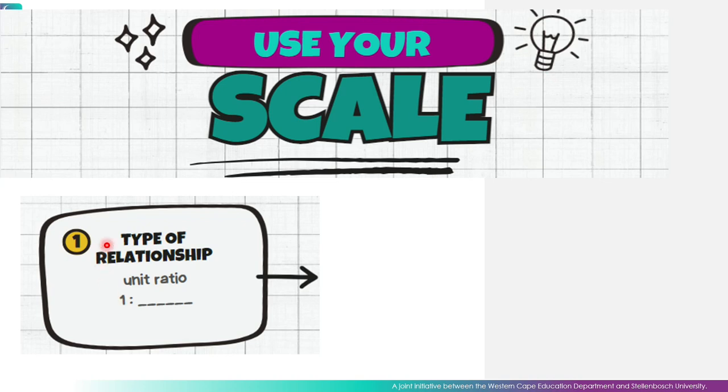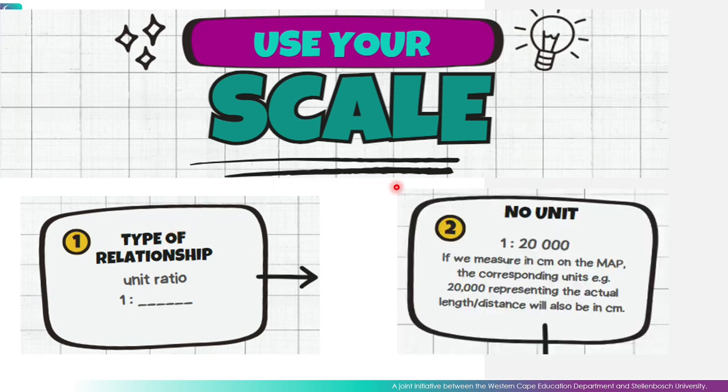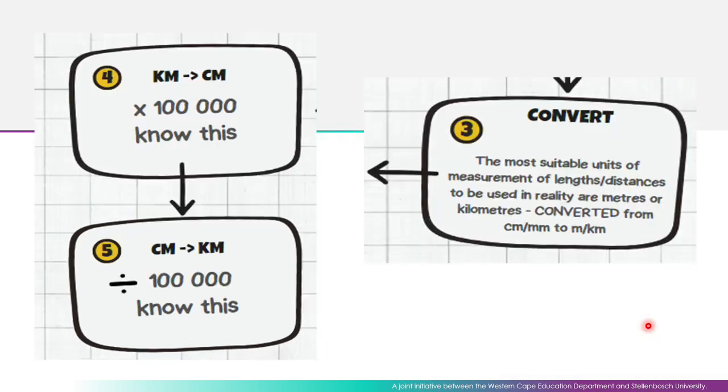So now once we have the type of relationship that we use for scale, we must remember that we have no unit. So if it's 1 is to 20,000, it means 1 unit on the map is 20,000 units in real life. So first we identify the type of relationship, then we make sure that there's no units so that we know that left and right we have the same unit.